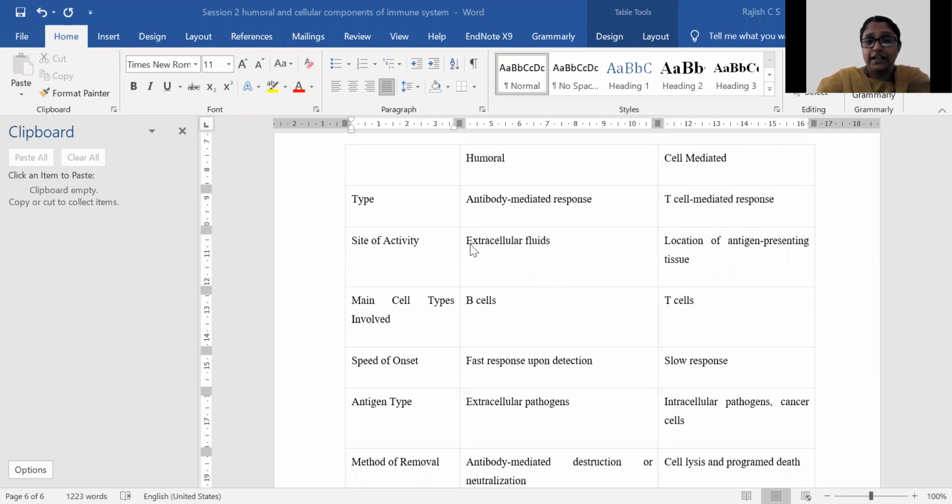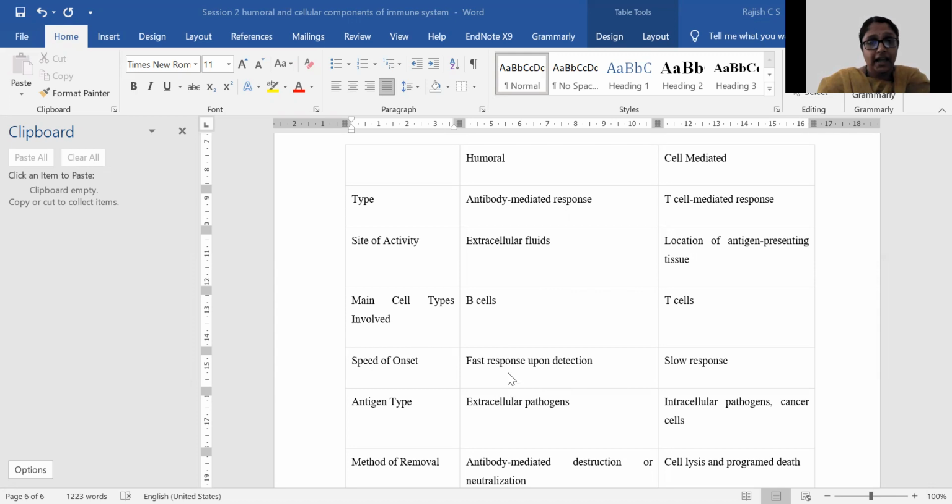The site of activity for humoral response is extracellular fluid, whereas in cell-mediated immunity, T cells and macrophages are recruited to the location where the antigen presenting cells are present, bound to the antigen.